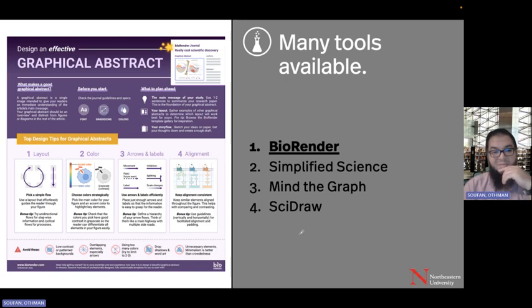So BioRender here comes with lots of objects. You see all of these fancy images that sometimes you think, oh, how did they do this? Before, in my own experience, I used to meet people who would have to get experts or be trained to use Adobe Photoshop tools, for example, to make all of these interesting drawings.